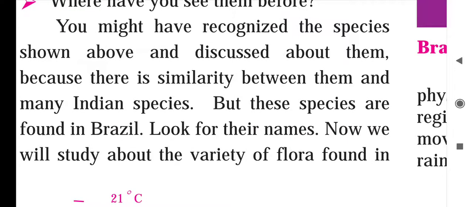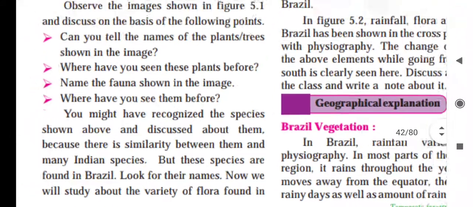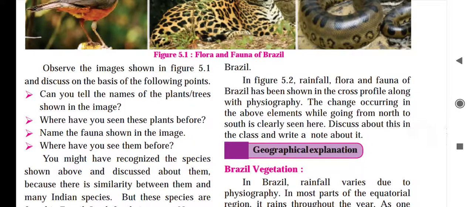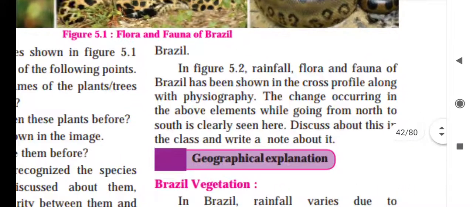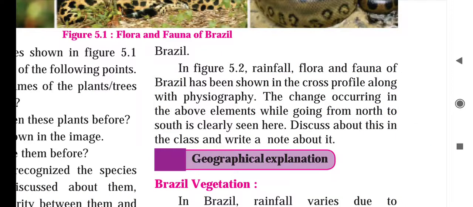Look for their names. Now we will study the variety of flora found in Brazil. In figure 5.2, the rainfall, flora and fauna of Brazil have been shown in a cross profile along with physiography.